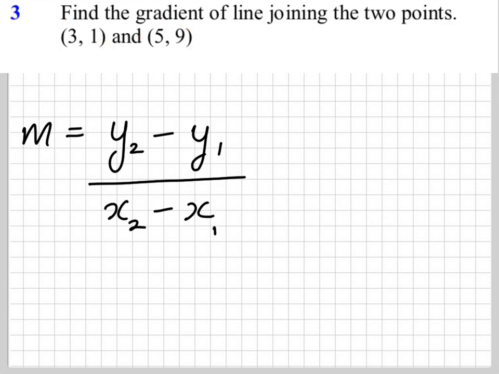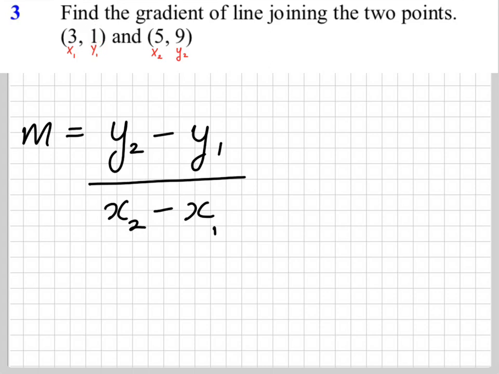So this is my x1, this is my y1, this is my x2, and this is my y2. And pretty much the 3 is the x coordinate for the first point, and this is the y coordinate for the first point, and so forth.